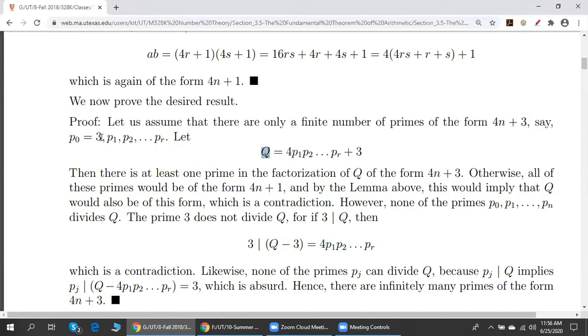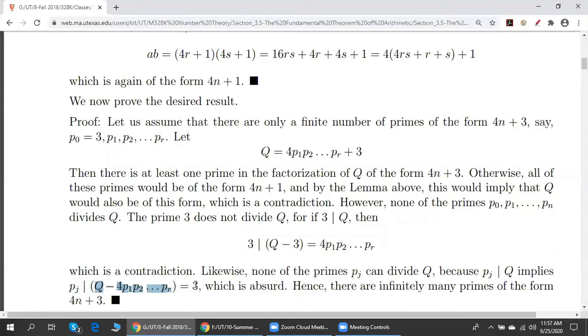Similarly, suppose Q is divisible by one of these prime numbers. In this case, let us move this to the left. We will get this. Now, since some pj from this list divides Q, and since pj is one of these numbers, pj divides the whole expression.